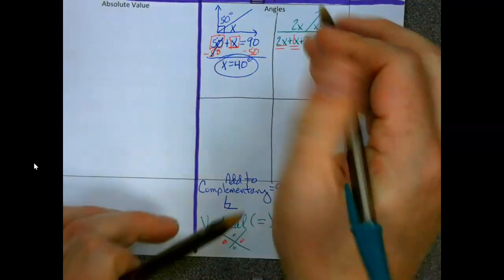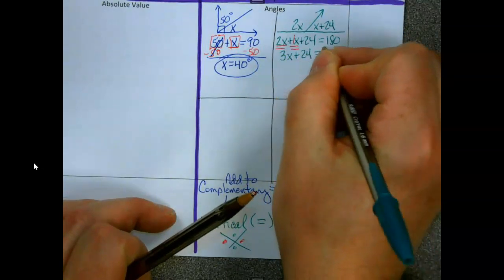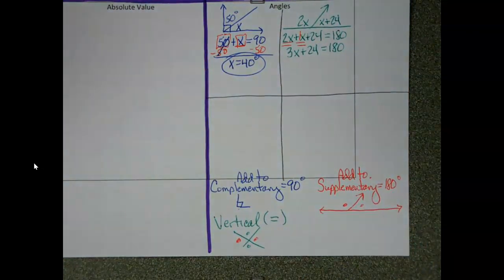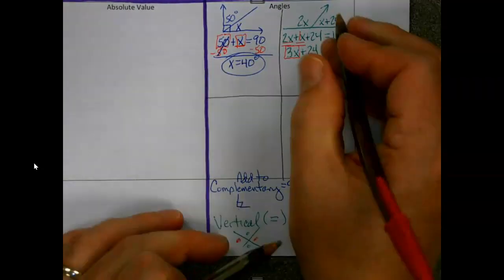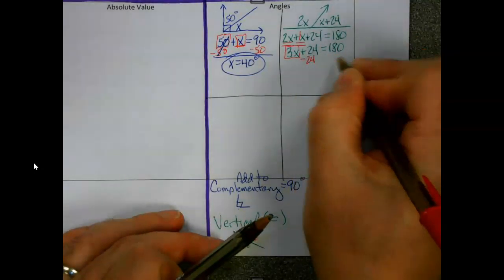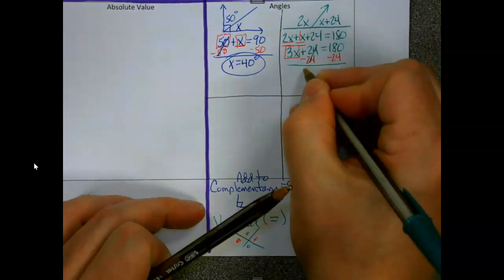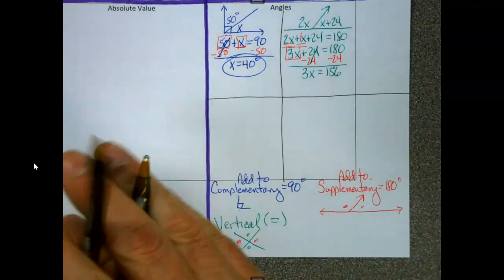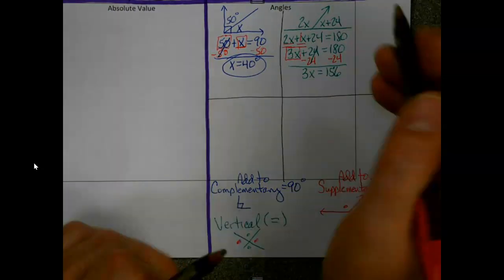Just those little details that you now are going to have sitting right in front of you. And we just can do our opposites as we work our way towards finding our x value.